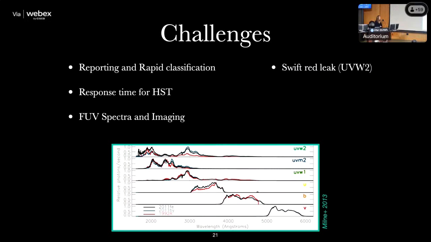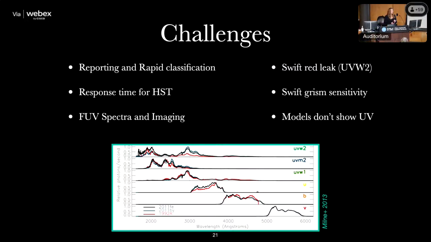And so that contaminates this and makes it less useful than I would like. Swift is just a less sensitive instrument than HST, which is fine. I love the rapid turnaround time, but that means that it's only really giving us good spectra for very nearby bright supernovae.